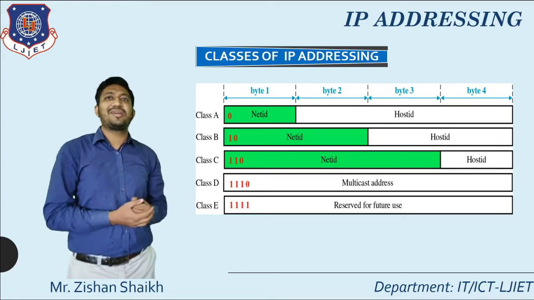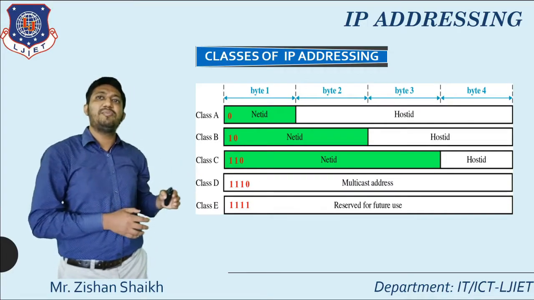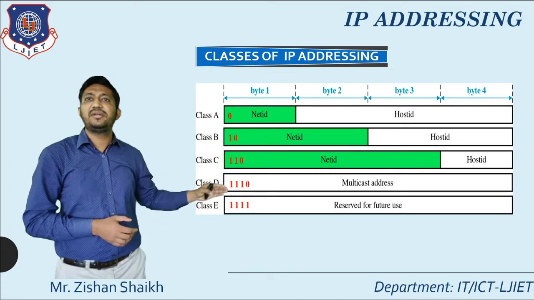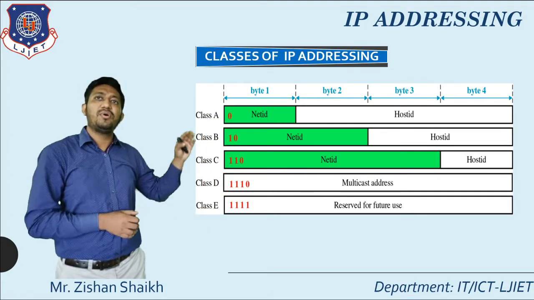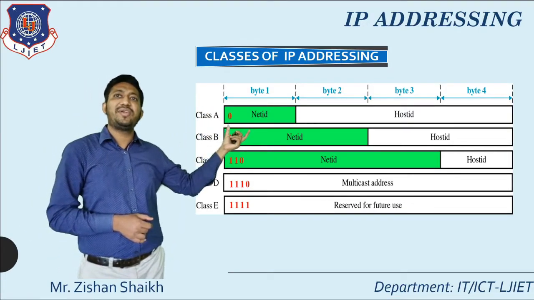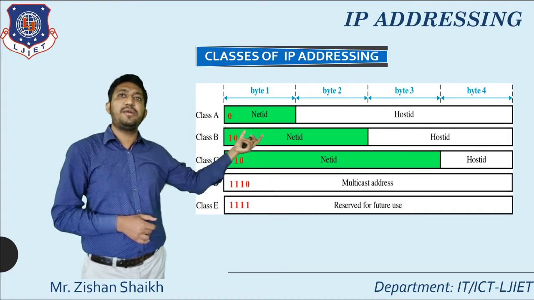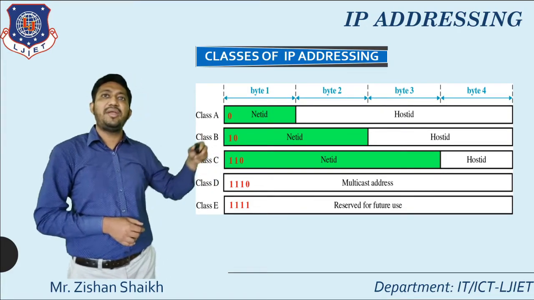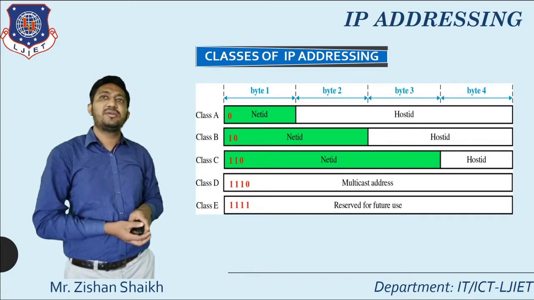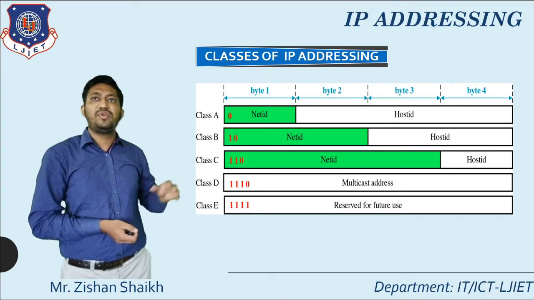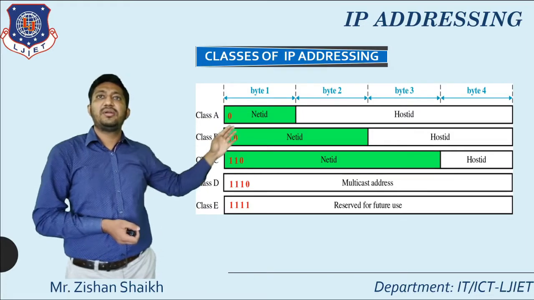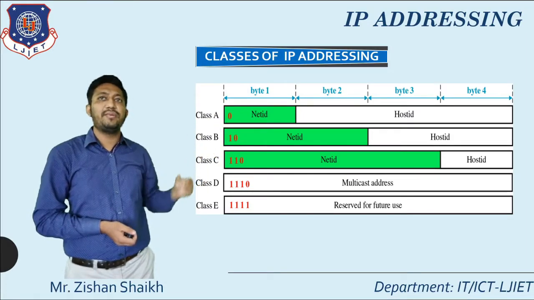The whole address space is divided into 5 broad categories: class A, B, C, D and E. Out of 32 bits, class A uses the first byte, that is 8 bits, for the network ID, and the remaining 24 bits are used for the host ID. So according to class A, we can have 2 raised to 24 hosts, where the network ID contains 2 raised to 8.